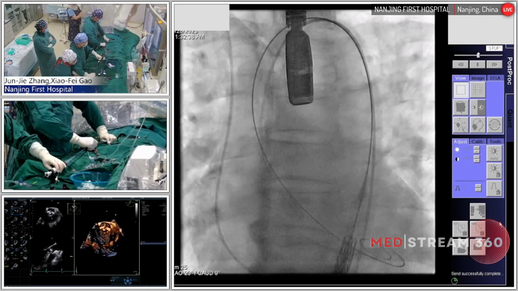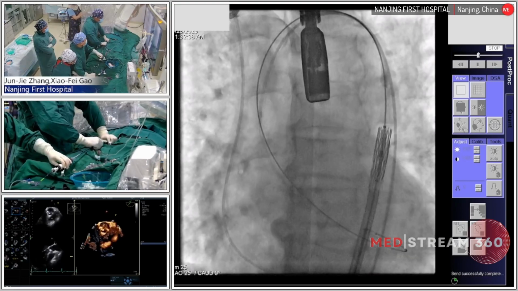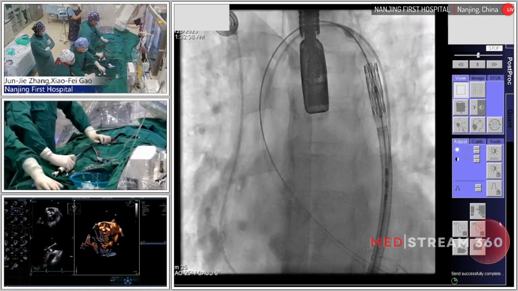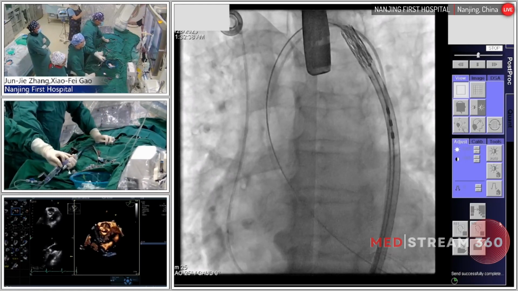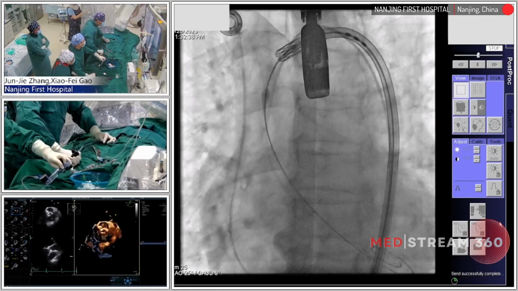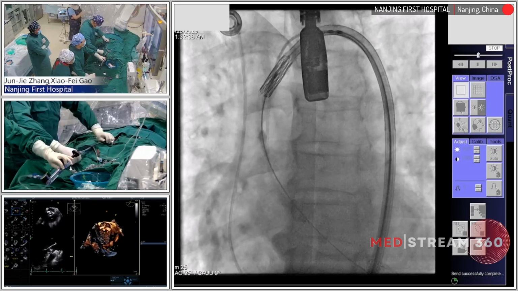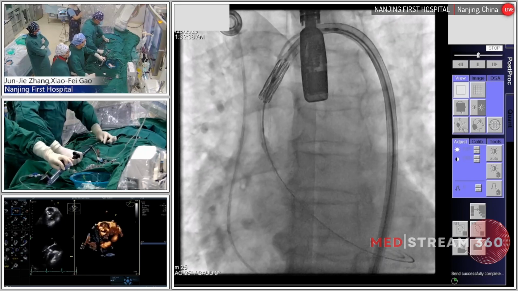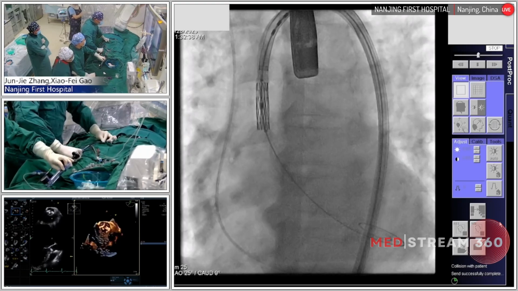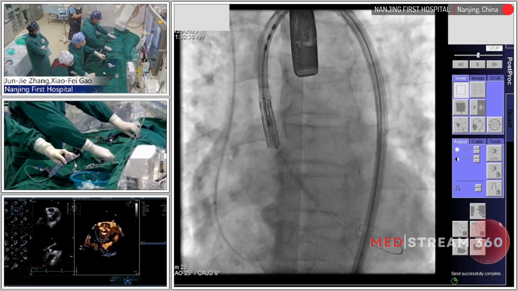Okay, please go to the aortic LAO projection. Hold the wire. Okay, good. Hold the wire. Okay, good. I flex the valve tube. Okay, good.